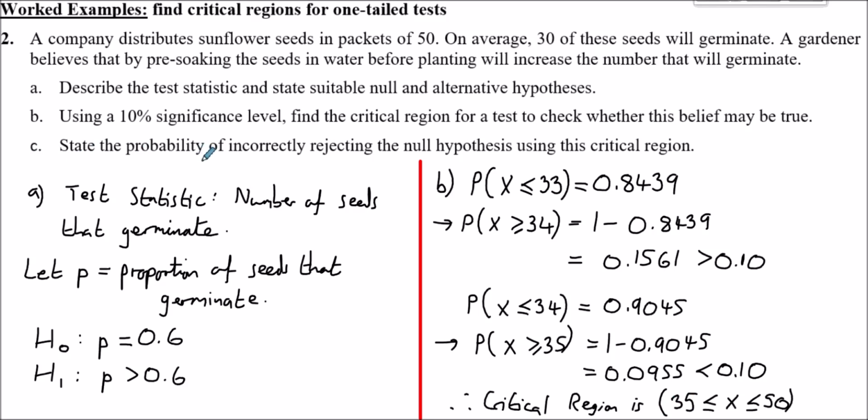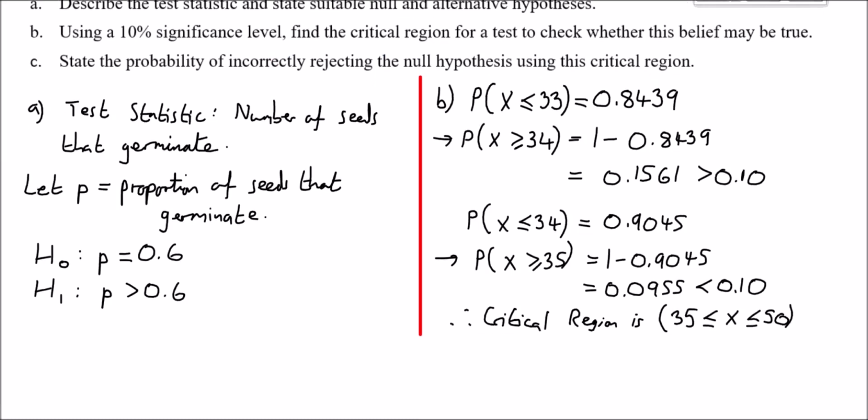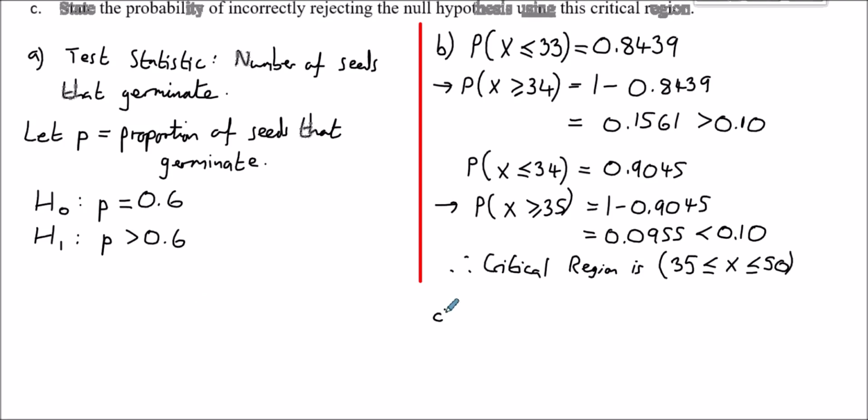Part C, state the probability of incorrectly rejecting the null hypothesis using this critical region. So, now for part C, probability of incorrectly rejecting H0.